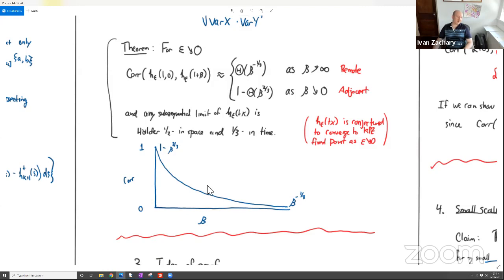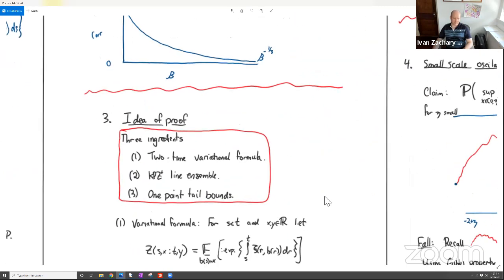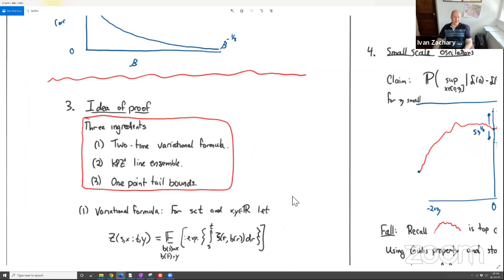So what I'd like to do is substantiate this theorem. I'm only going to address the remote correlation case, but I'll give you a sense of the tools that go into it. There are really three ideas in the proof. I'll explain these briefly, and then I'll try to come to a close pretty soon, because I see that we're almost at two hours.